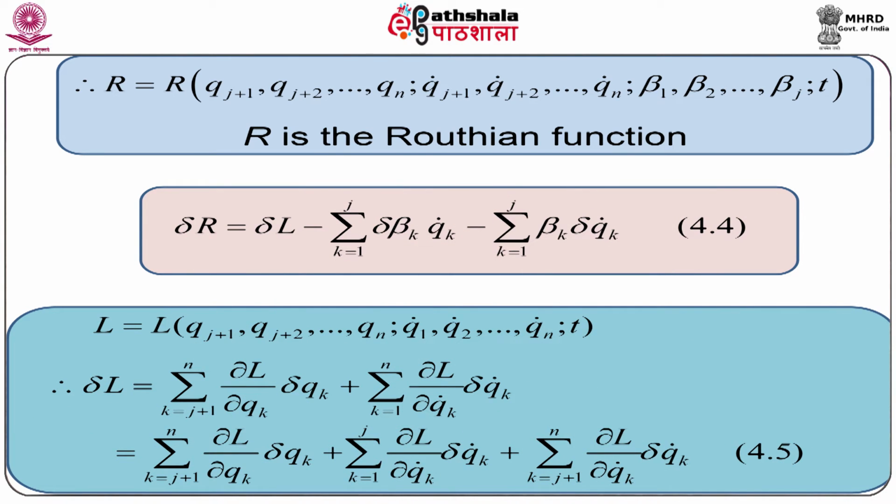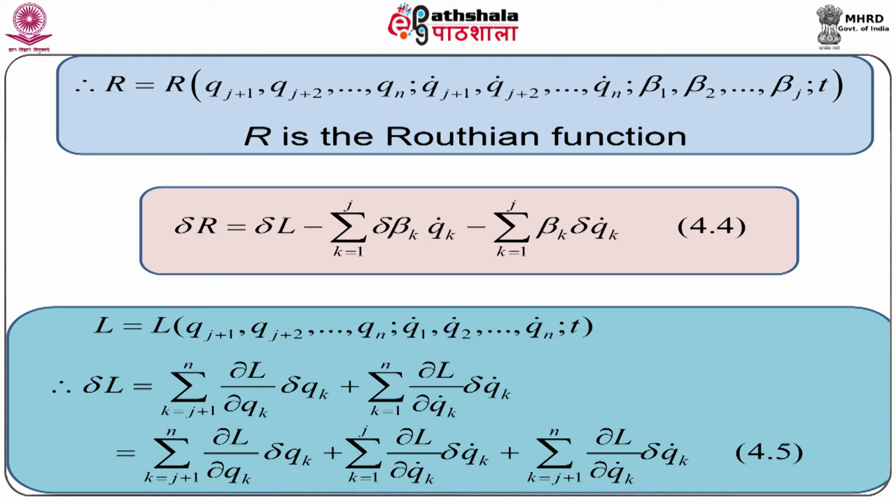Let us calculate the virtual change of R, which is delta R. Delta R can be written as delta L minus summation over k delta beta k into qk dot minus summation over k beta k into delta qk dot.